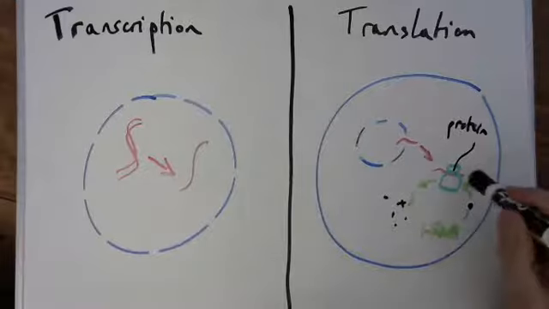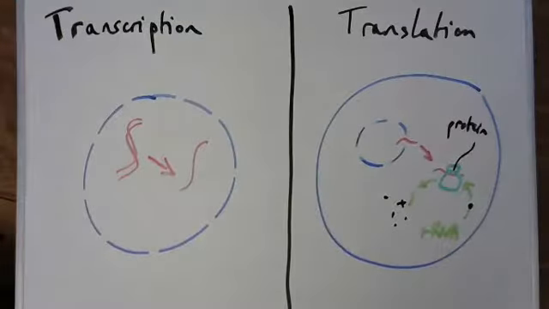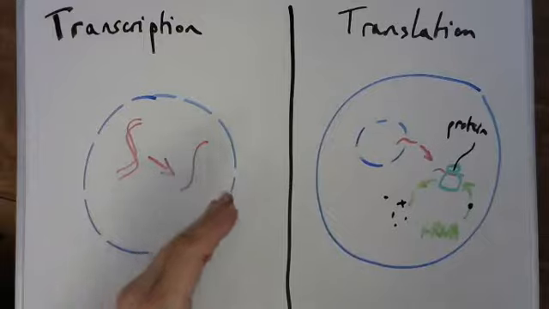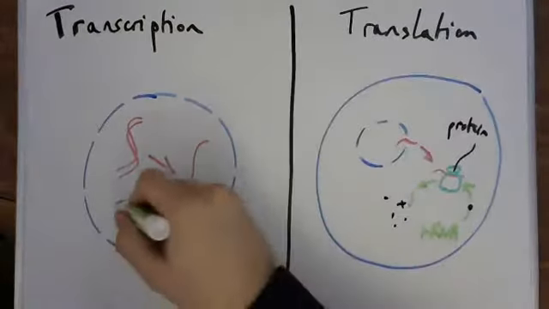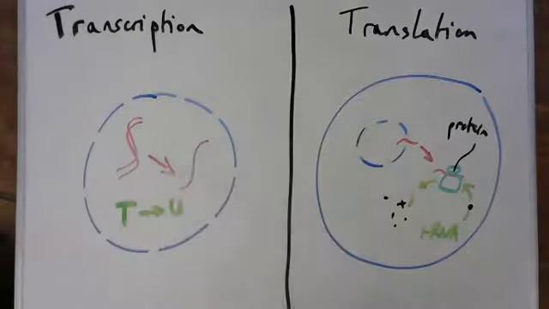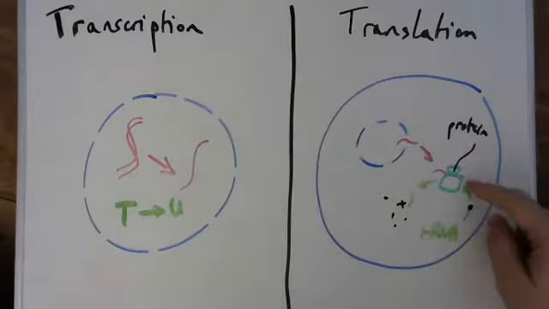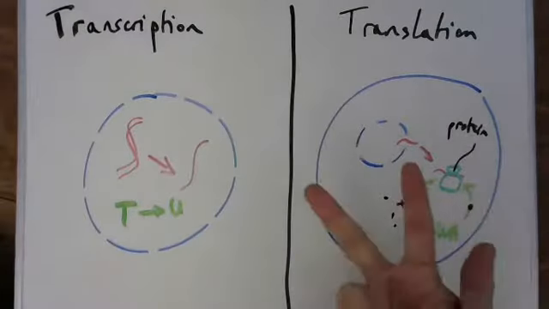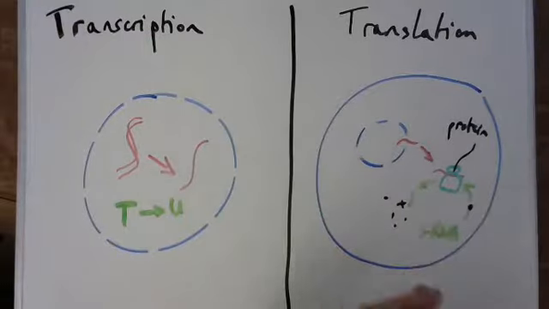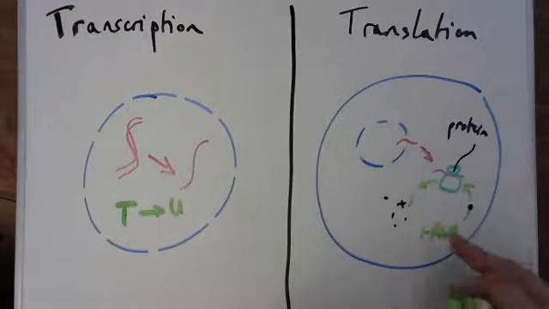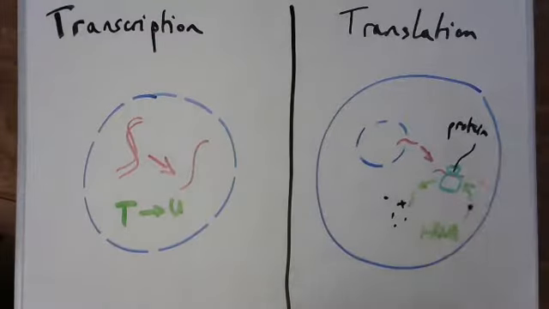It's because we're reading the code in translation, right? So transcription is just copying with some variation, T to U, remember that? Right? T becomes U. Whereas in translation, we're actually translating from one code to another. The code being the RNA codons, 3 nucleotide bases, and you're reading those via the ribosome against tRNA, bringing the corresponding amino acids.